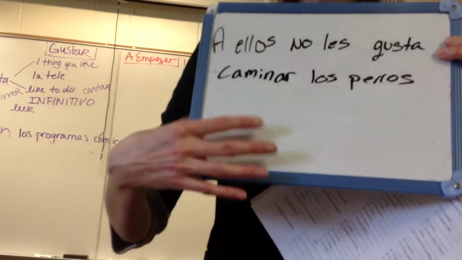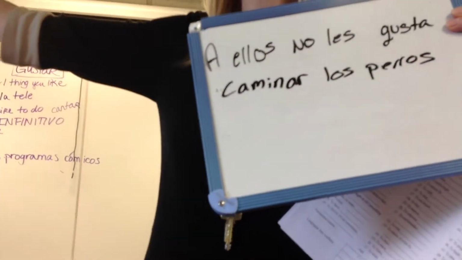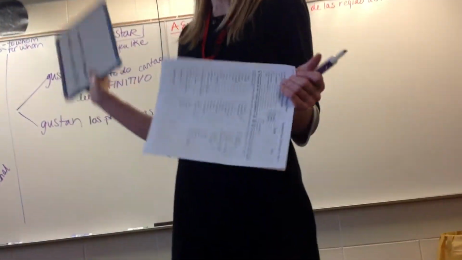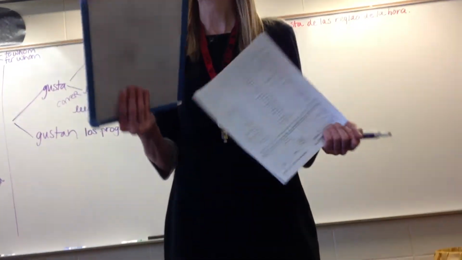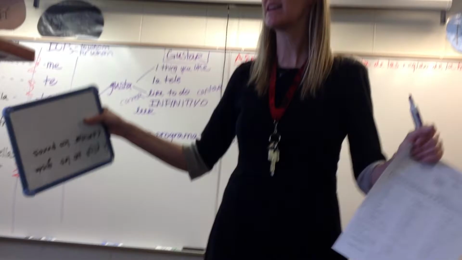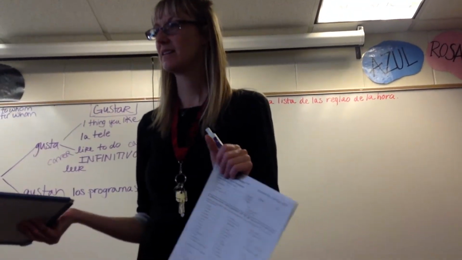But because I'm telling you we don't like to walk, the rest of the information is all kind of extra. Okay? I could tell you I like to swim in the ocean with my friends at 8 p.m. and wear snorkeling gear. All of the rest of that information doesn't matter. I'm telling you I like to swim in the ocean. Yeah? Does that make a little bit of sense?